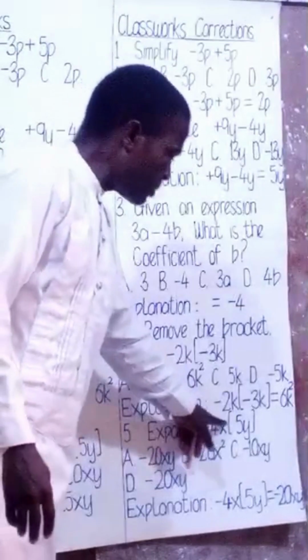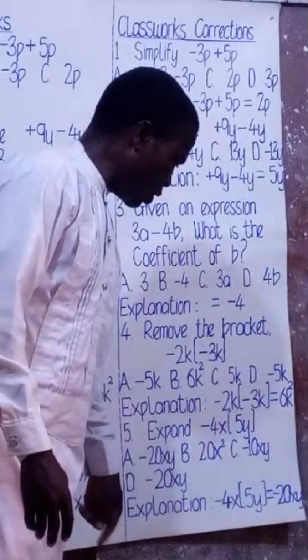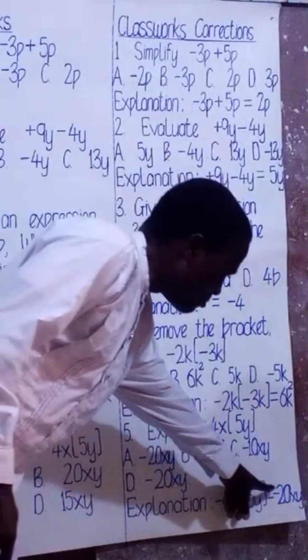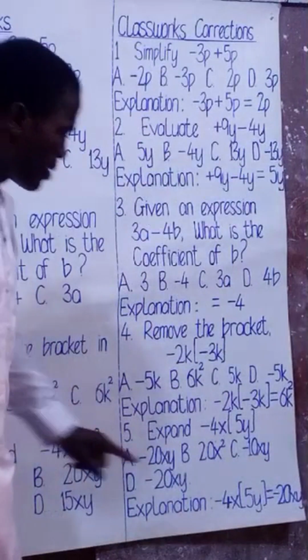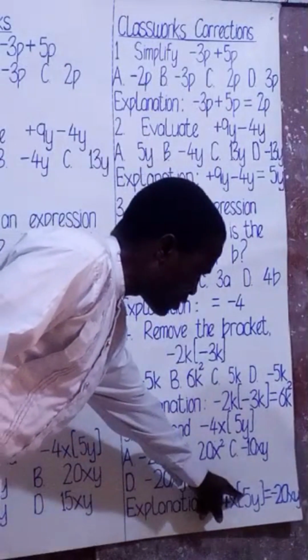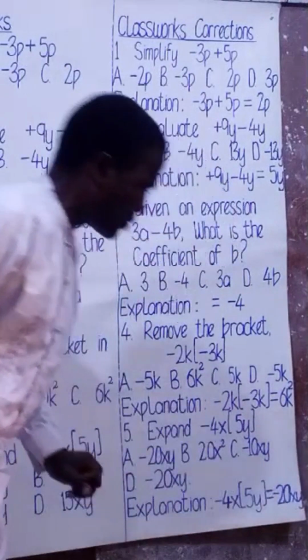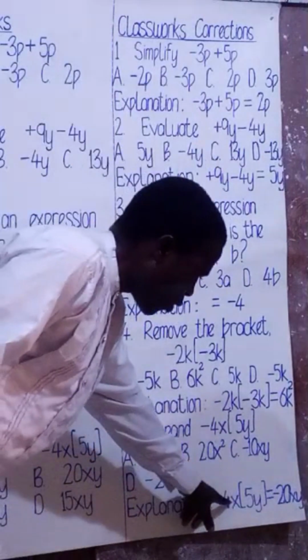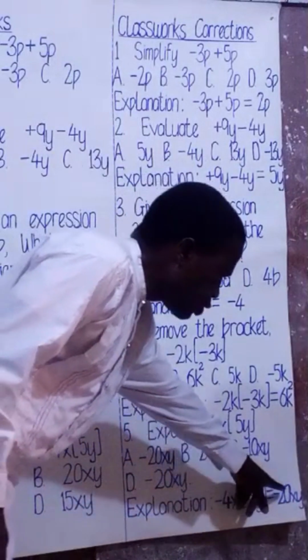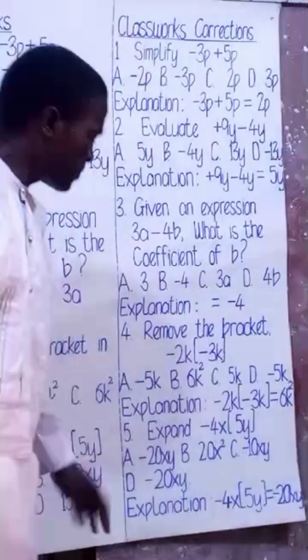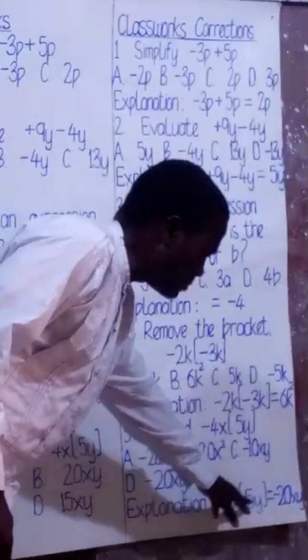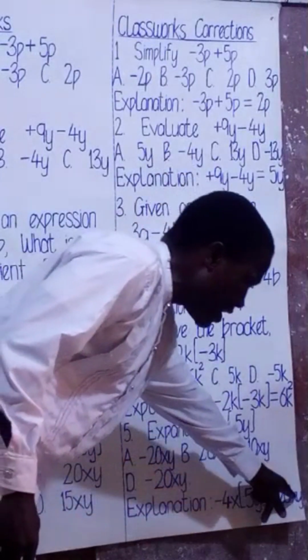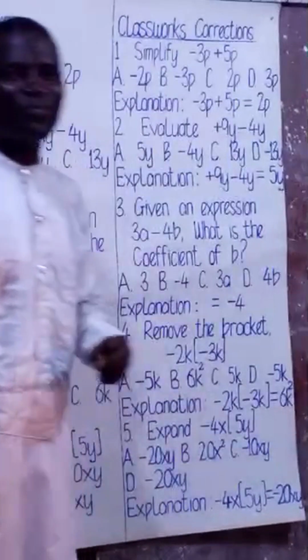So minus times plus is going to be minus. Then 4 times 5 is going to be 20. X times y is going to be xy.